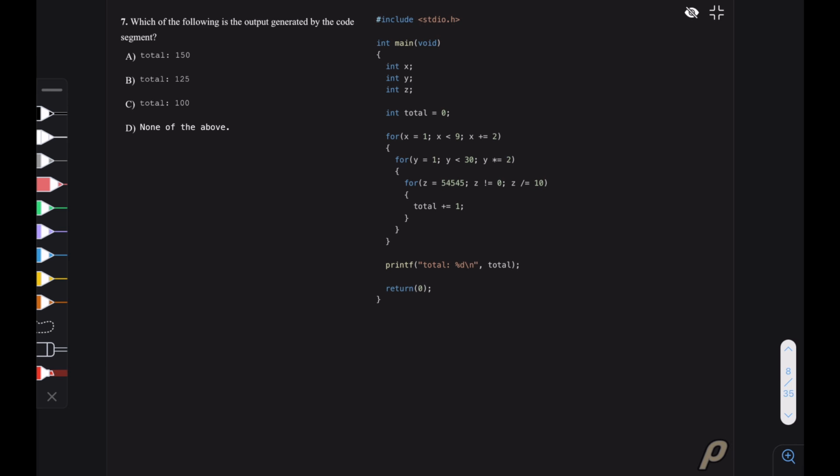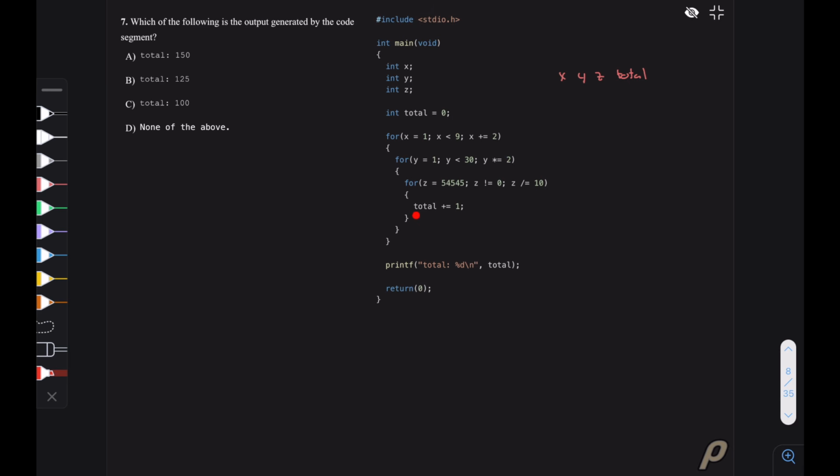I mean, we can usually track our variables here, but in this case, if we take a look through this code here, we see we're initializing this total to 0, and the only thing that happens among all these loops is every time the very innermost loop executes, we add 1 to our total.